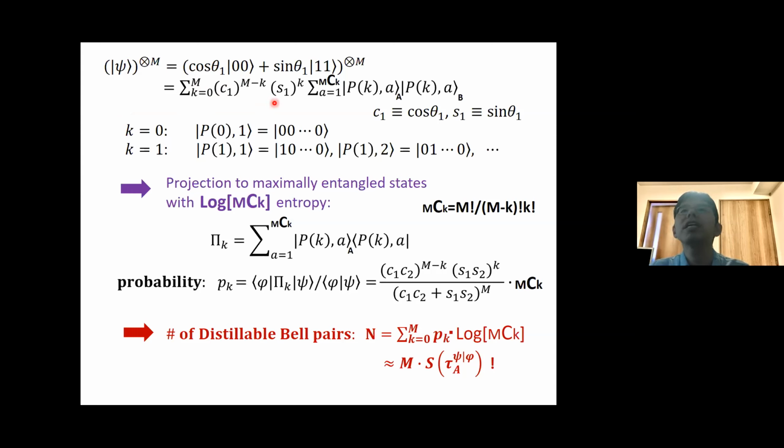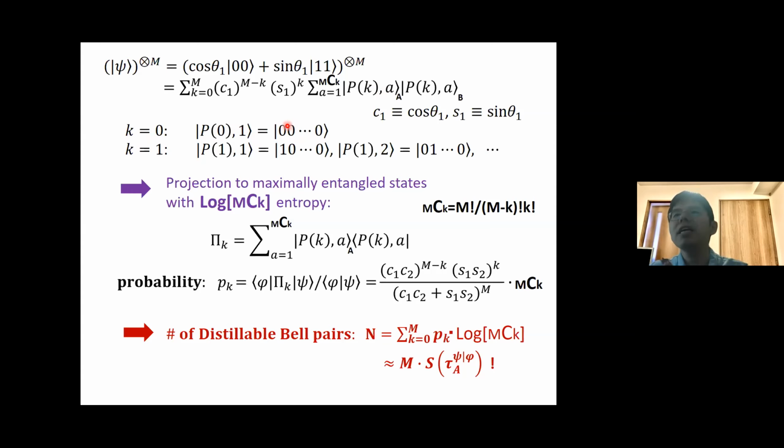Then we take M copies in the asymptotic limit, and we expand in terms of maximally entangled states. There are two qubits and M copies, so 2M spins. A consists of M spins and B consists of M spins, and they form maximally entangled states. These are very simple bases, where K is the number of 0s and K is the number of 1s.